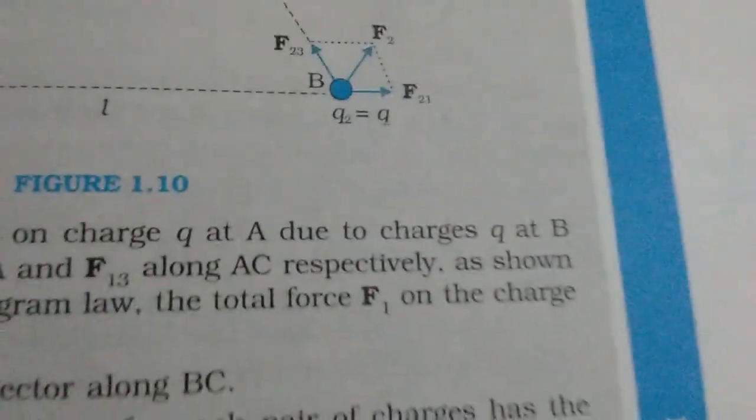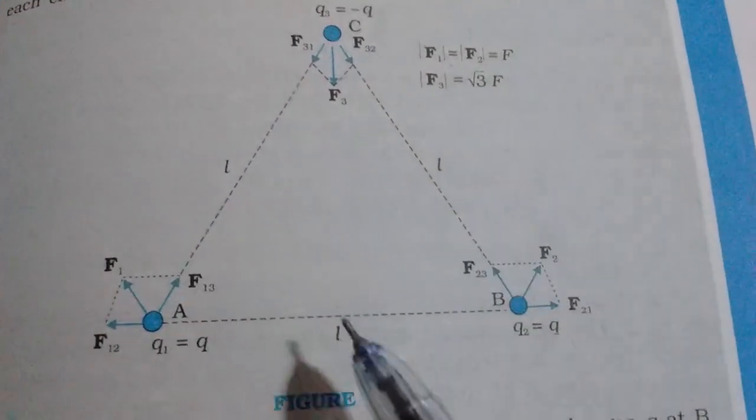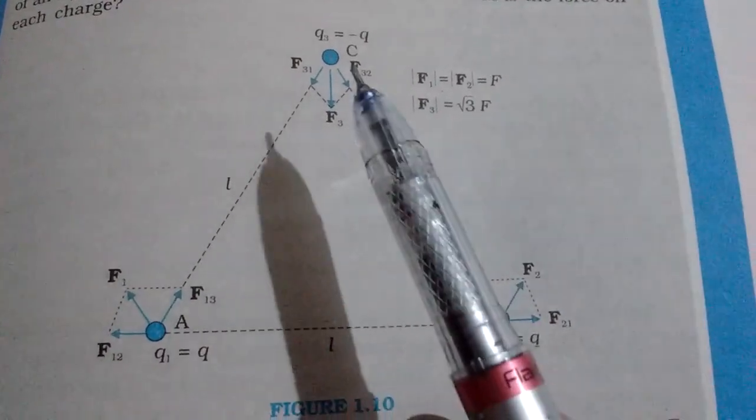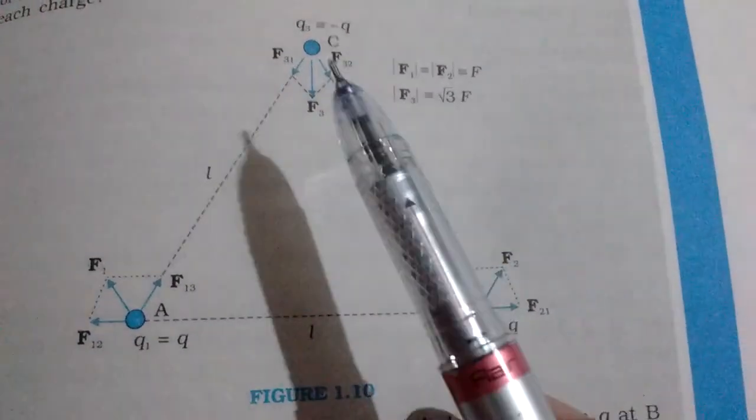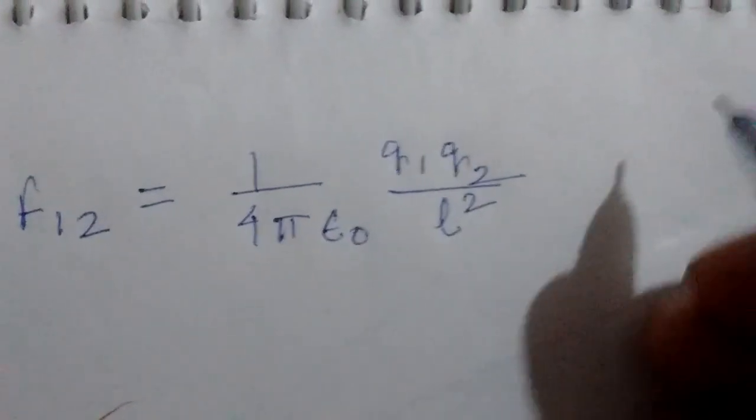You look, the distance you can easily see here, L. That means the charges are present at the vertices of an equilateral triangle of side L. So the distance between Q1 and Q2 is L, and its square. This is the force between charge 1 and charge 2.